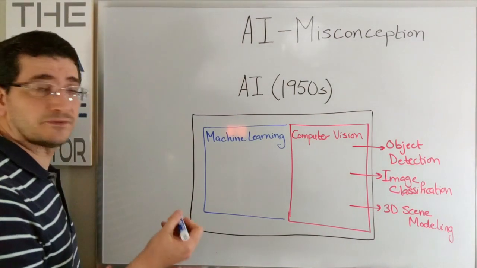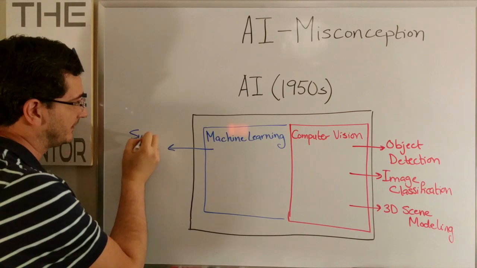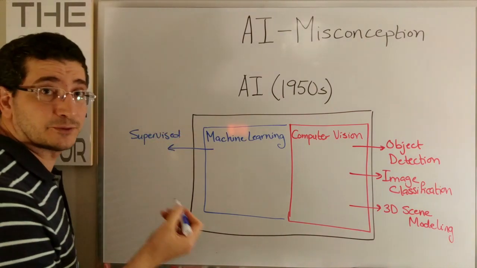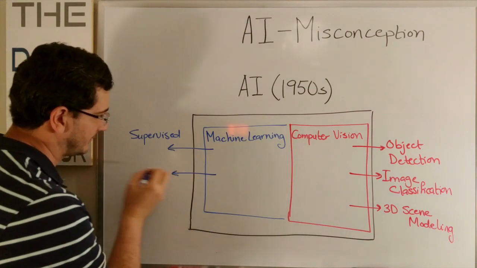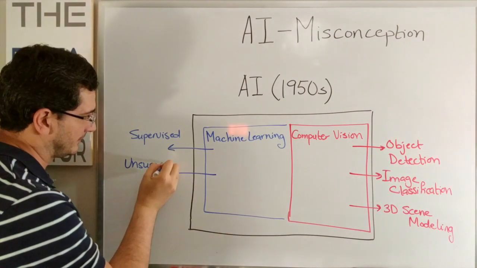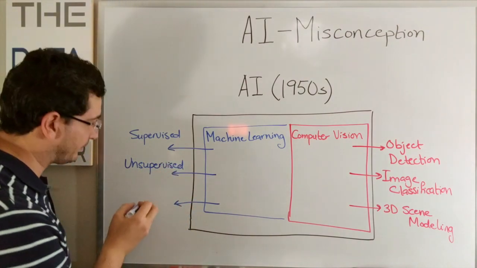So there is supervised learning. Just going to write supervised here. There is unsupervised learning. And there is reinforcement learning.